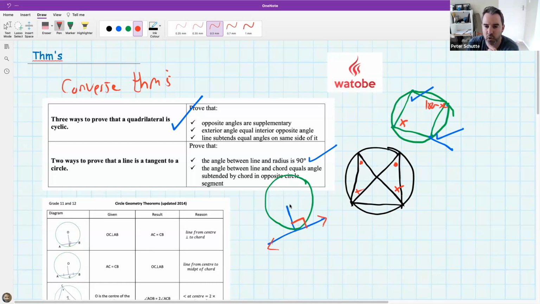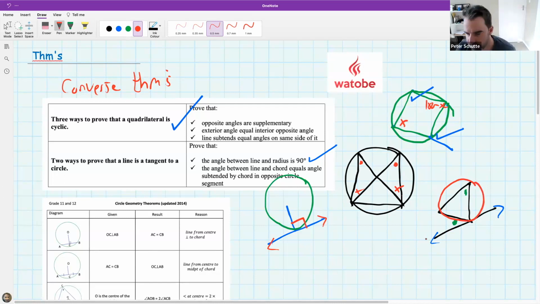And that's called the converse tan radius theorem. And then the converse of the tan chord theorem just says if the angle between a line and a chord is equal to an angle in the other segment, so basically, if this one over here is equal to this one over here, then this line will be a tangent to a circle.